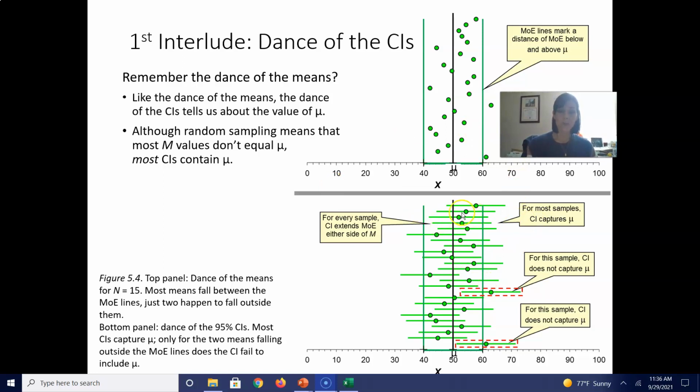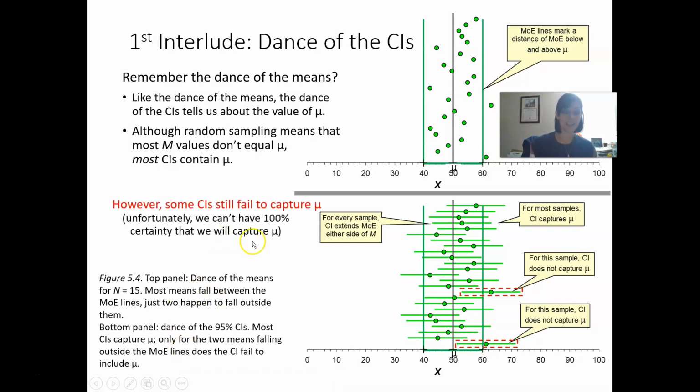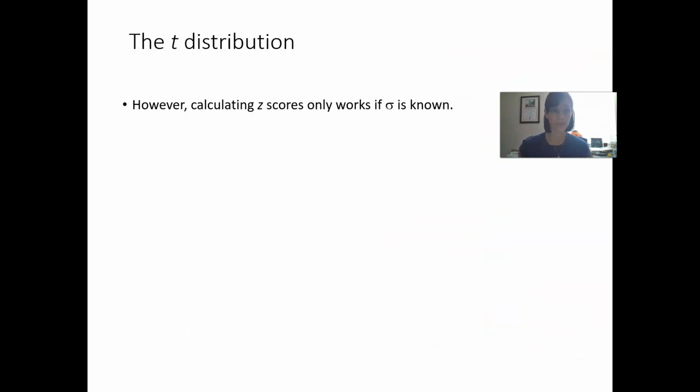So most of our samples will have mu falling within the confidence interval. Here in this example, you can see 2 that do not. And this is also based on a sample size of 15. Some confidence intervals are going to fail to capture mu, and that's because we never have 100% certainty.